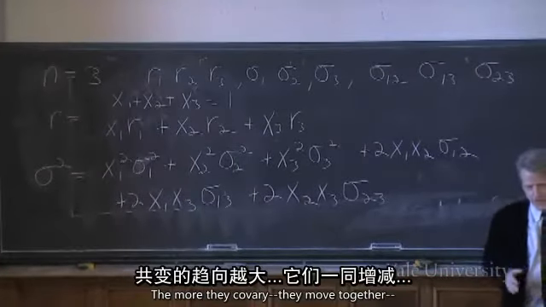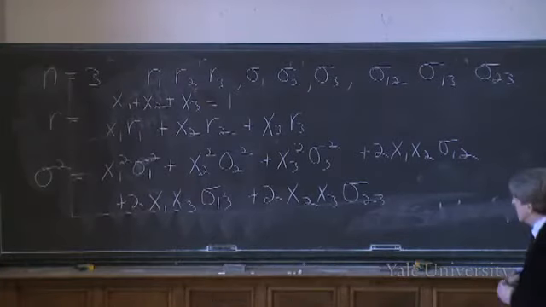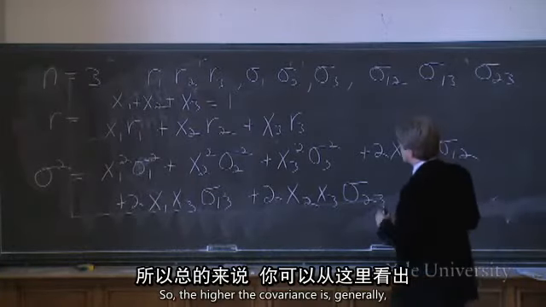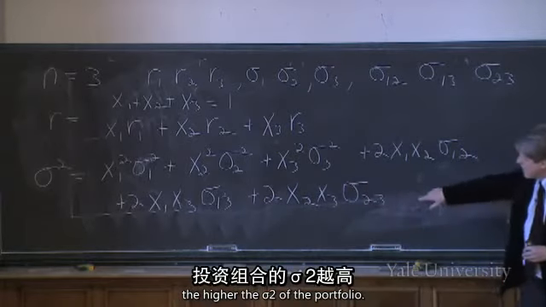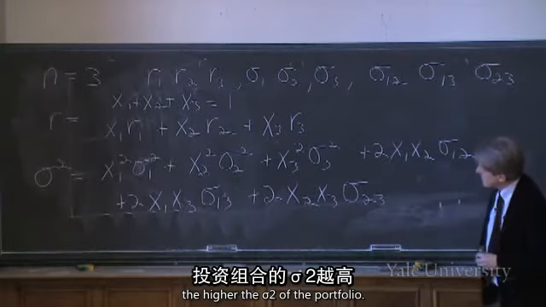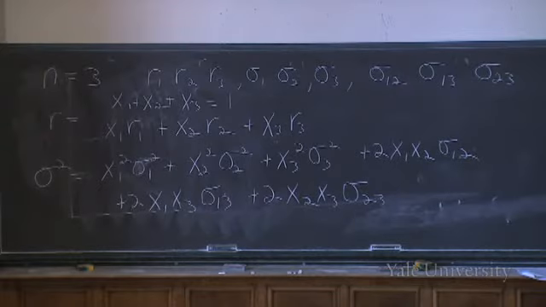The more they covary, they move together, the less they cancel out. And so the higher the covariances, generally, the higher the sigma squared for the portfolio. So is that clear?